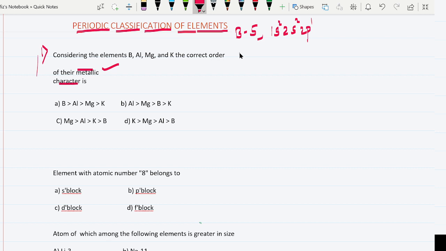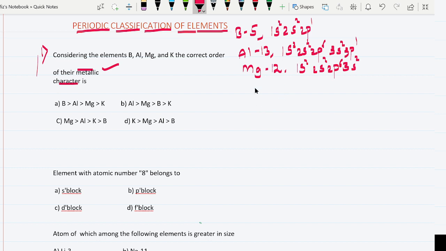So anyhow, moving to the next one, there's aluminium with the atomic number 13. Now let's write the electronic configuration of it: 1s2, 2s2, 2p6, 3s2, 3p1. So first we will write the electronic configuration of all the elements. Magnesium with the atomic number 12 has a configuration of 1s2, 2s2, 2p6 and 3s2.